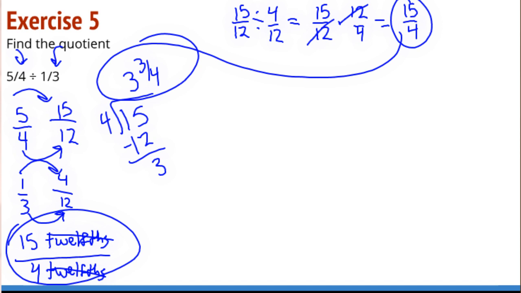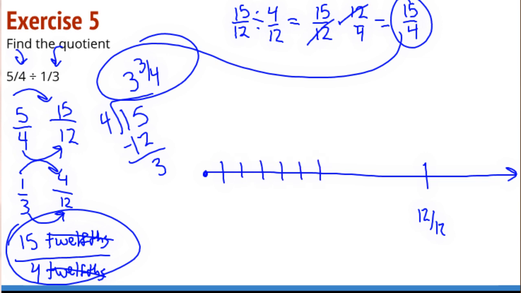And if I were to put this on a number line, here's 12 twelfths. So 1, 2, 3, 4, 5, 6, 7, 8, 9, 10, 11. And here's 13, 14, 15.